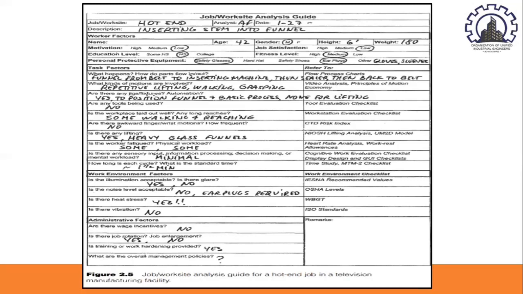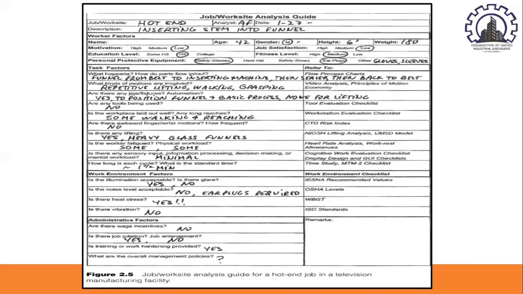Okay, so what you do here is generally analyze the job, and while analyzing the job, you also need to determine if this job is hazardous to the workers themselves, and if it is, then what can you do to improve and reduce these hazards, or even eradicate these hazards, okay?